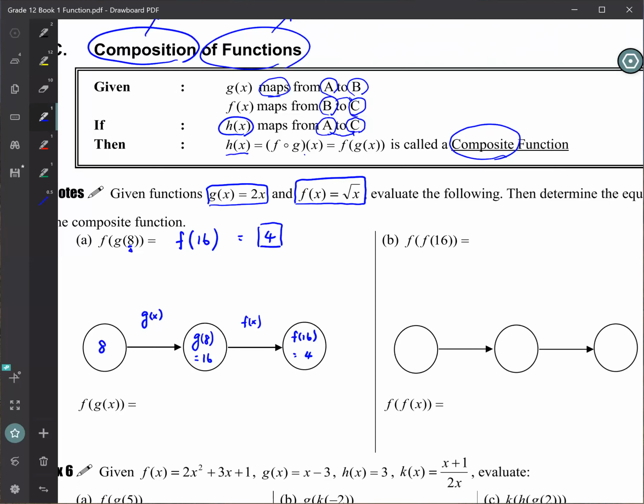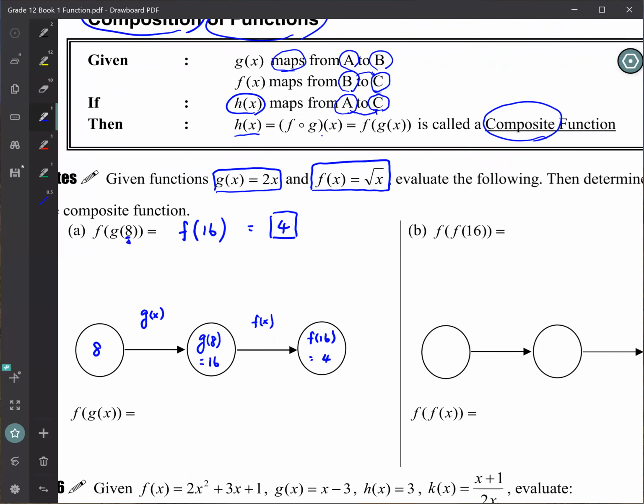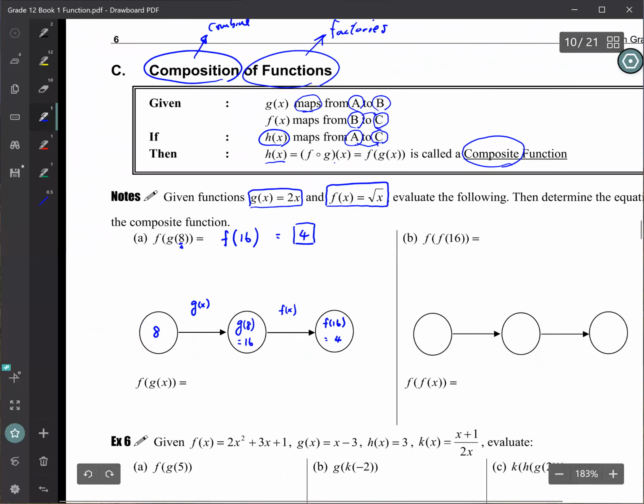So you go from inside out, okay? The one that goes in first is the one on the inside. And then you get the inside number, sub it in, and then get the next number.